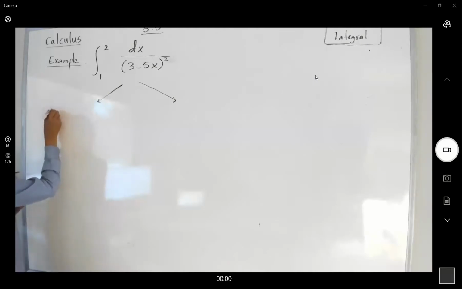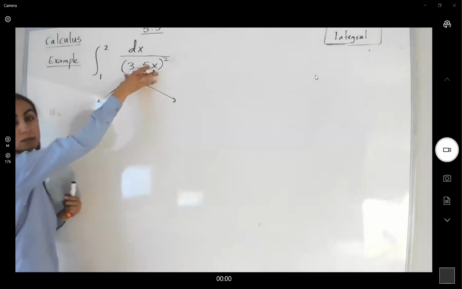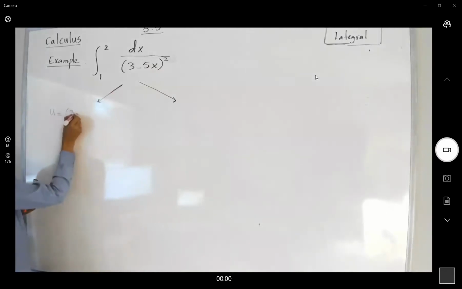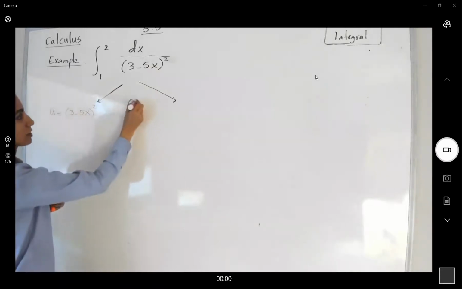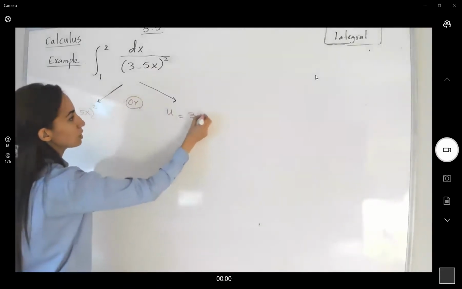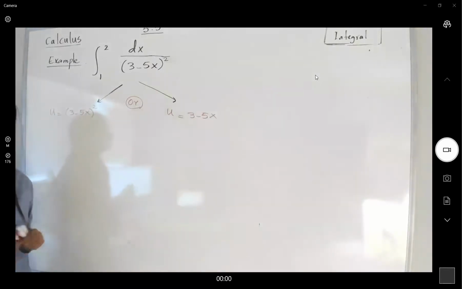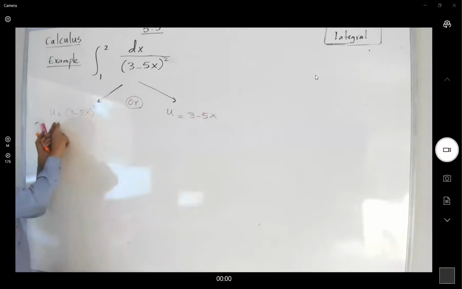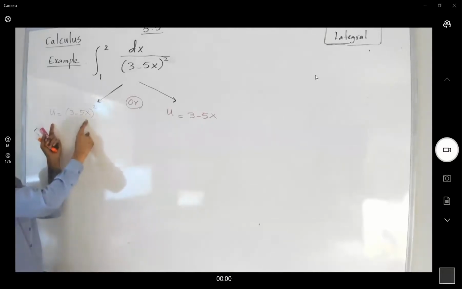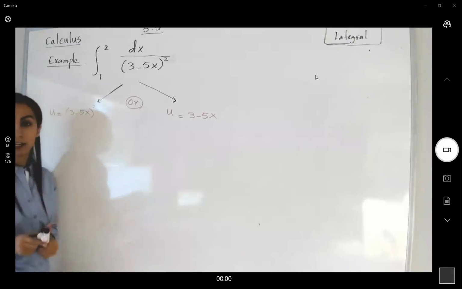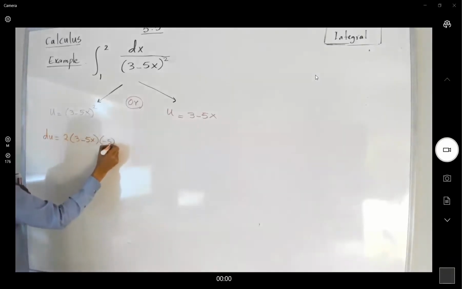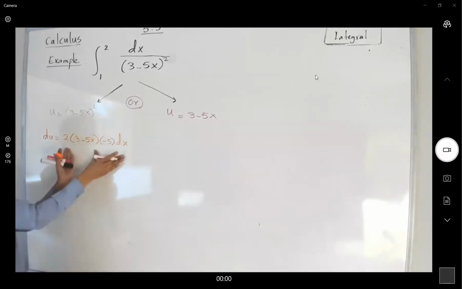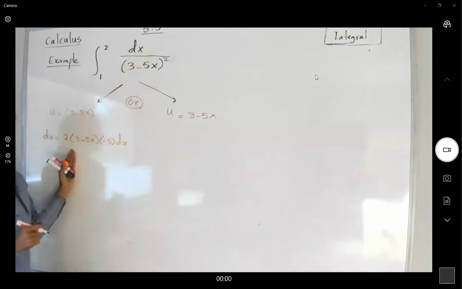You can say that, hey, u is equal to the whole denominator here, which is 3 minus 5x raised to the second power, or you can just take u to be equal to 3 minus 5x without the exponent. If u is equal to 3 minus 5x raised to the second power, by chain rule, du is equal to 2 times 3 minus 5x times negative 5 dx, which we don't have this guy on our numerator.